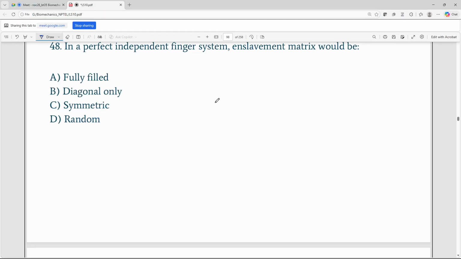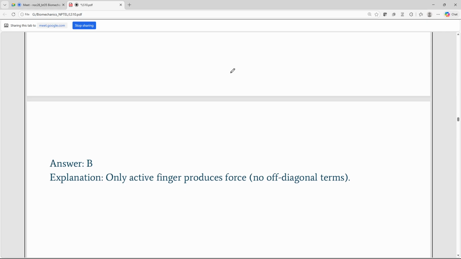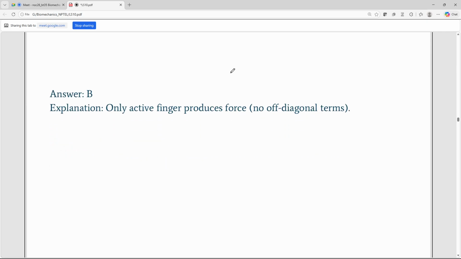The answer is option B, that is diagonal only. In a perfect or independent finger system, the enslavement should not happen. It will only activate the finger which is intended to move.